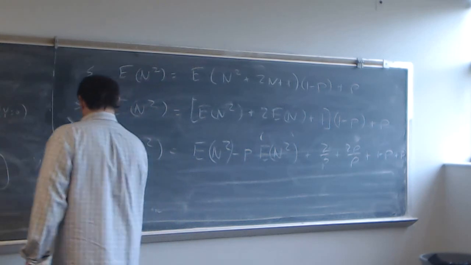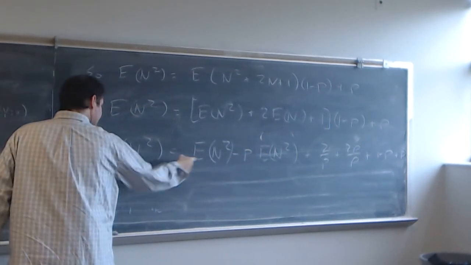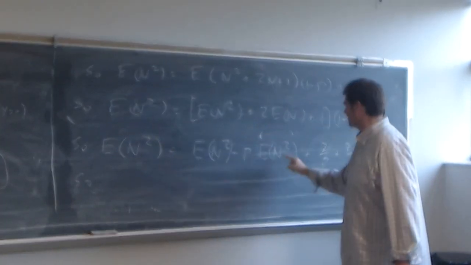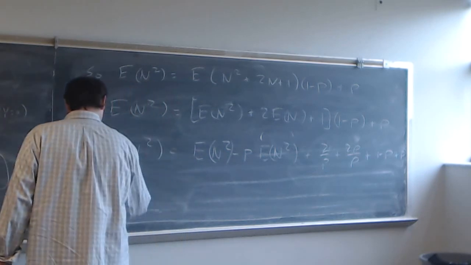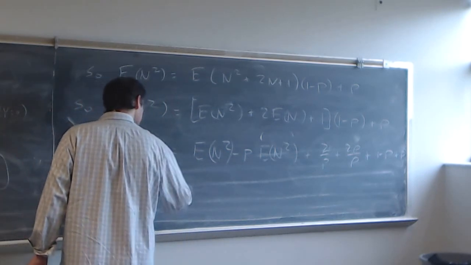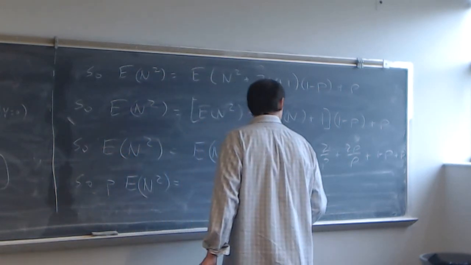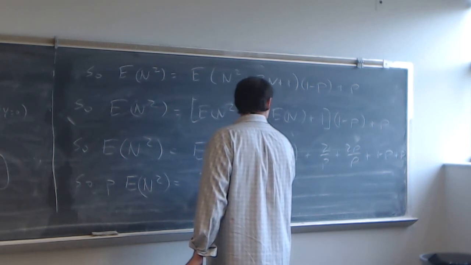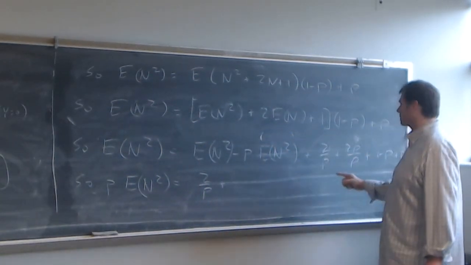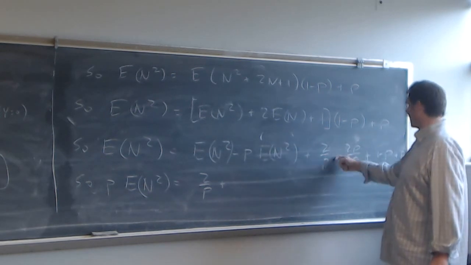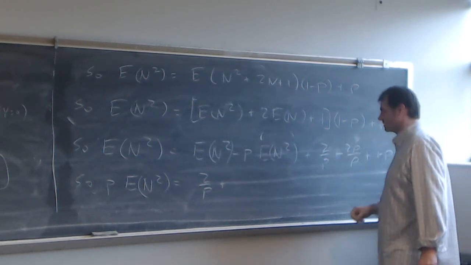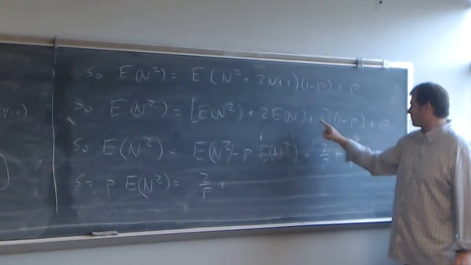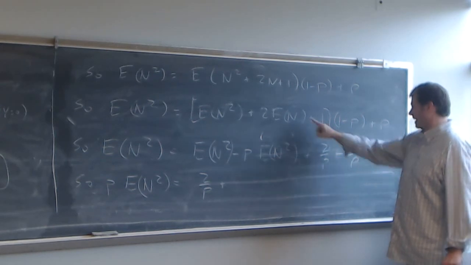So here again we subtract expected value of n squared from both sides. We get 0 from n. Then we add p times the expected value of n squared. So we have p times the expected value of n squared is equal to, let's see, what is this? This is 2 over p plus, let's see here. So here, this should be a minus, I think. I made a mistake, minus. So 2 over p, because this is 1 over p, 2 over p is what this is.